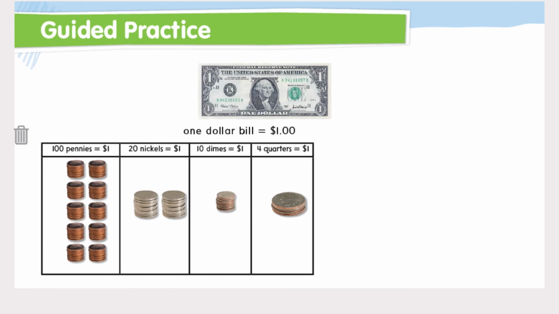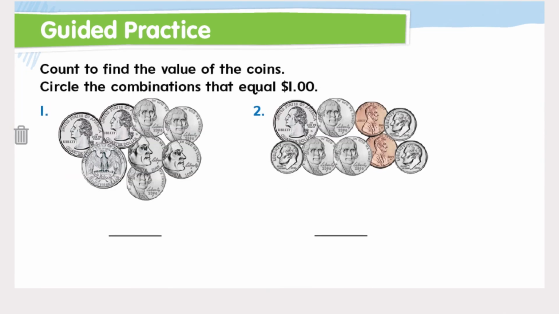Okay, so we can look at our chart here, and we did this on the front. We've got 100 pennies listed there, and that equals $1. We have 20 nickels, which equals $1, 10 dimes, which equals $1, and 4 quarters that equals $1. So we're going to count to find the value of the coins.